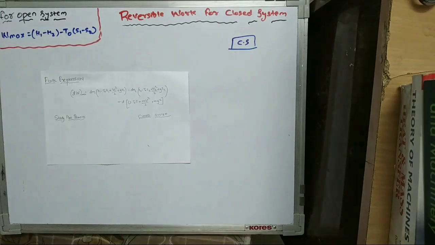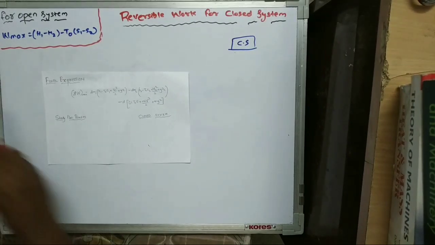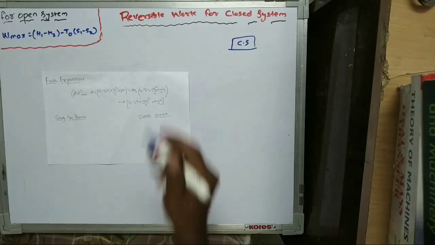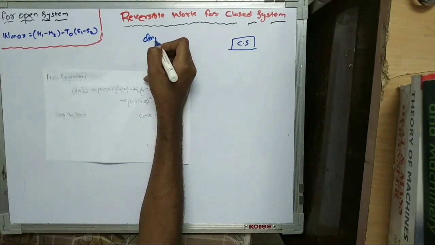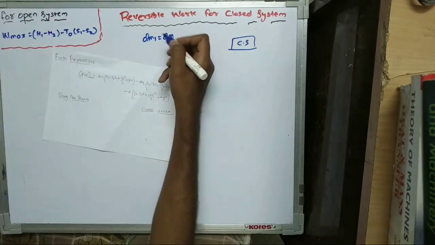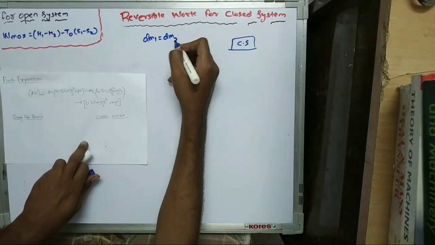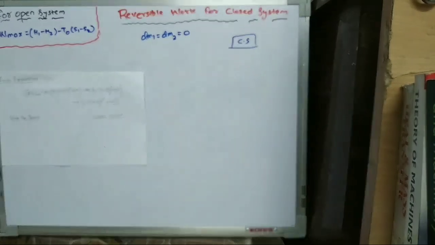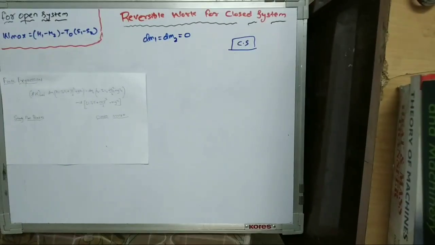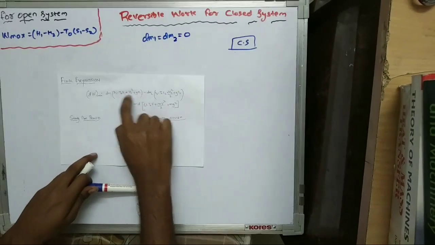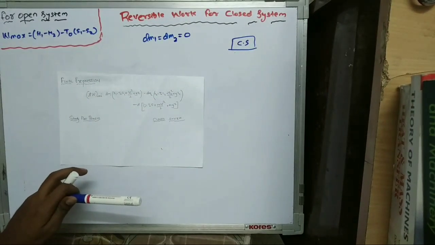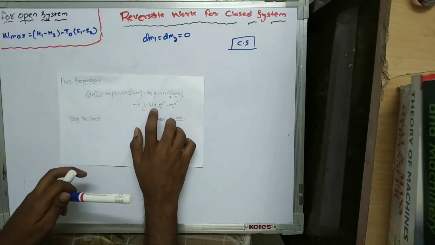So dm1 equal to dm2 is equal to 0, and these terms become 0. Now the remaining term is this.